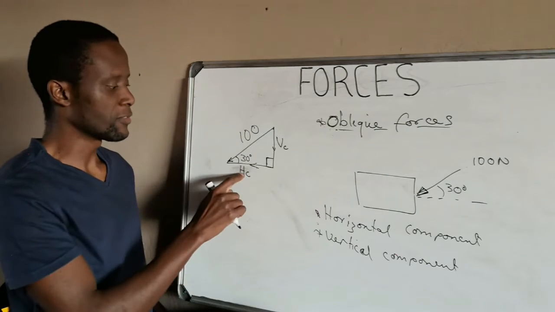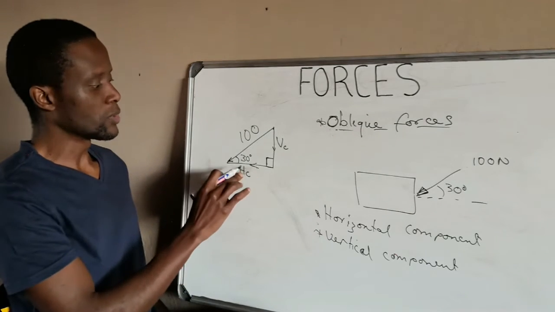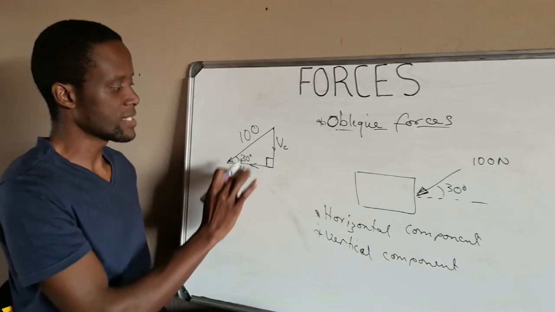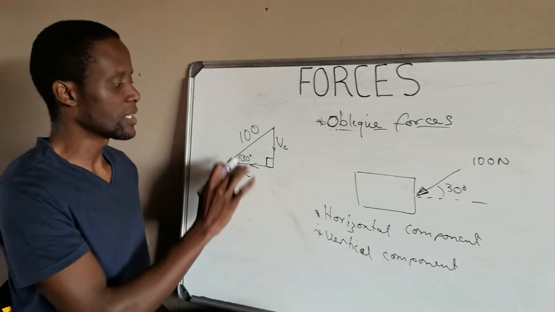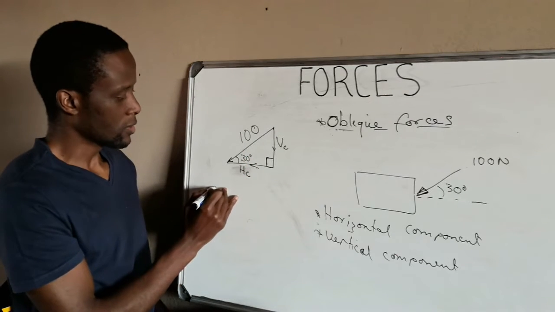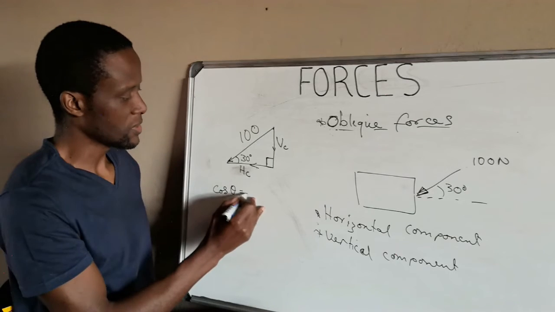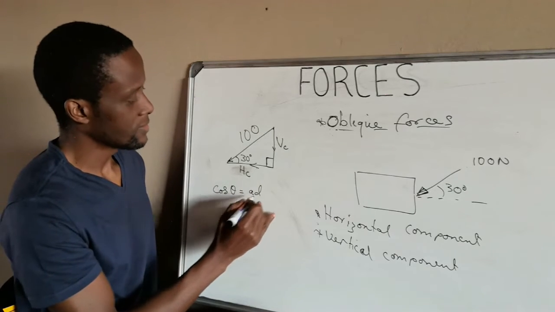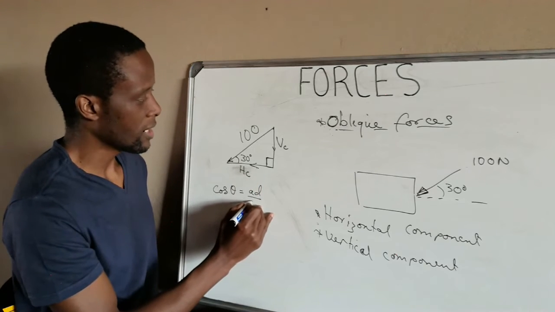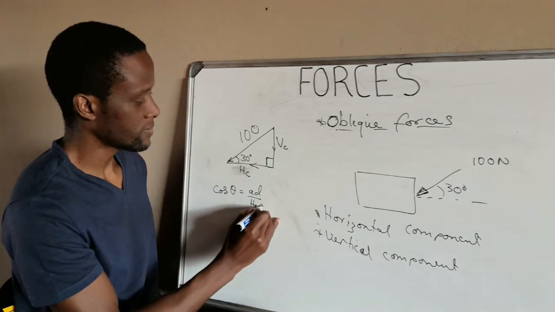So in this case, if we are looking for the horizontal component, we have our hypotenuse, which is the longest side, and we are looking for the adjacent. The ratio that we will use to get the horizontal component will be cos, because we know cos theta equals the adjacent, in this case our horizontal component, over our hypotenuse.